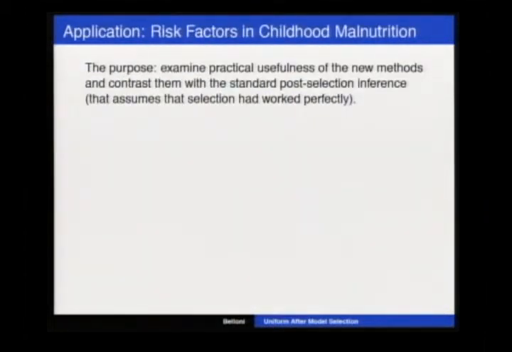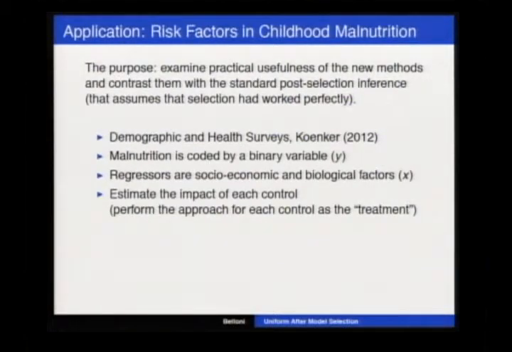And then I have just a few examples to show how this works in some specific empirical applications. The first one is more of a methodological point, trying to understand the effects of malnutrition and other risk factors.